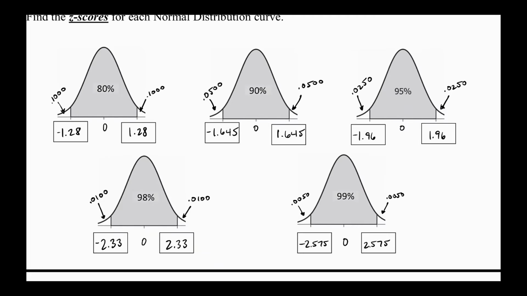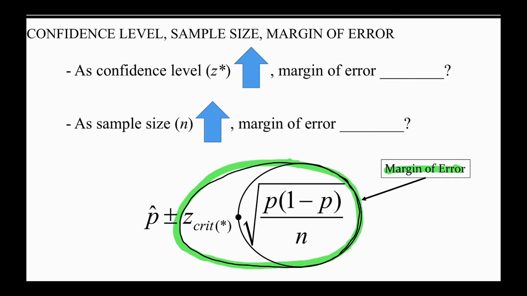What do you think is going to happen to my margin of error? So you think it's going to go down? Decrease. So you think as my confidence level goes up, I'm going to make less mistakes.